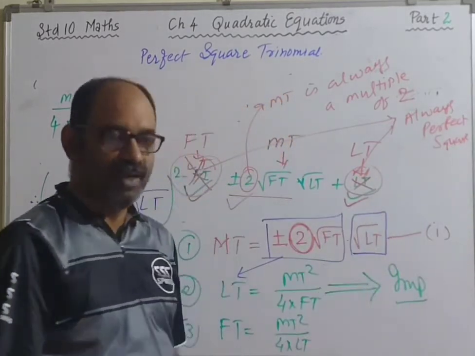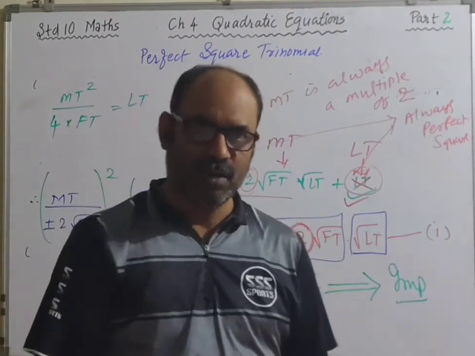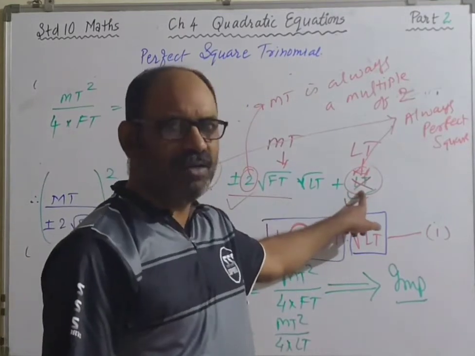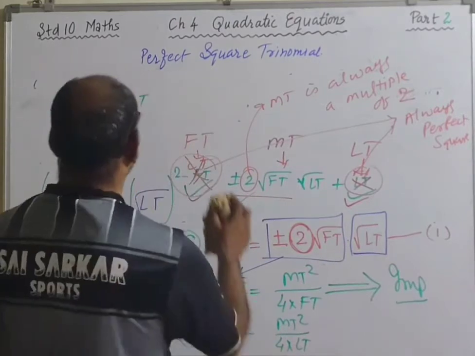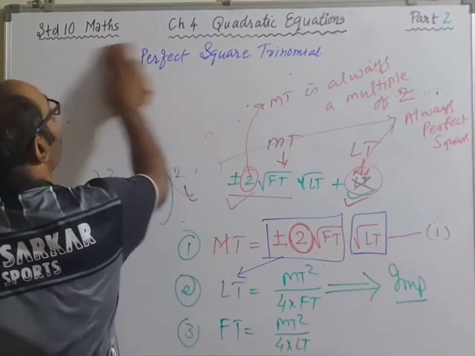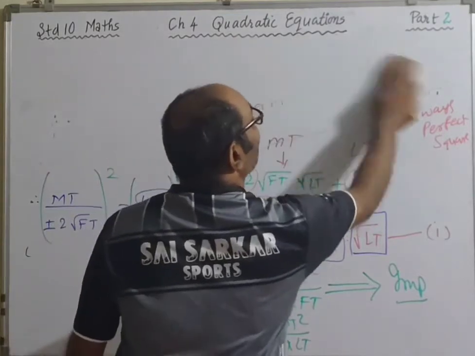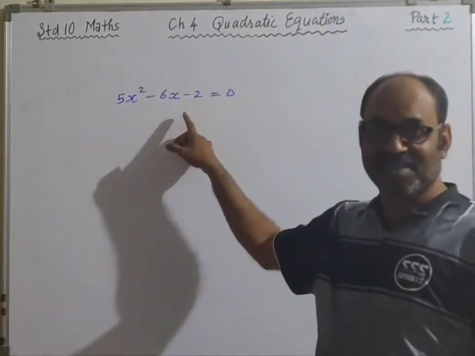Then only is this trinomial a perfect square trinomial. If not, we'll see this. Okay. Clear, children? So remember this formula.